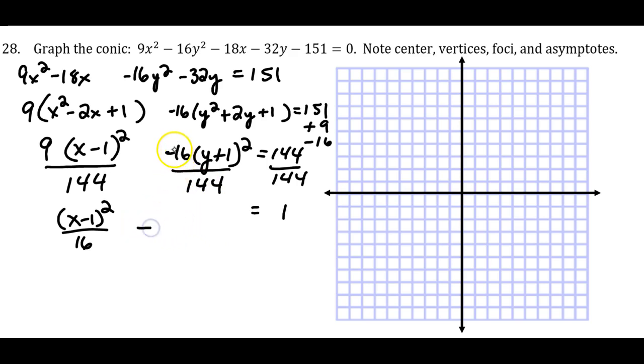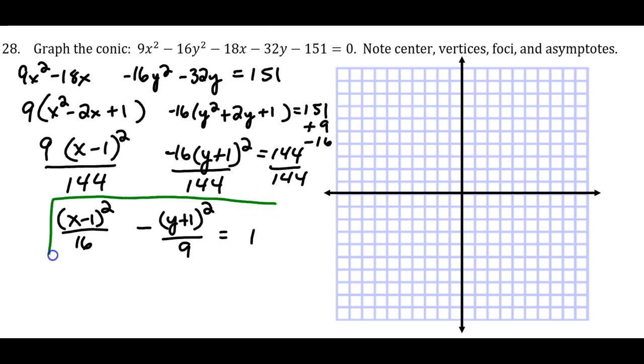So you got minus, because of that minus in front of it, y plus 1 quantity squared over 9 equals 1. Let me bring that equals 1 down a little bit so it looks more like an equation there. And so now, think about it, is this an ellipse or is this a hyperbola? It's going to be a hyperbola because you get that minus sign in there.